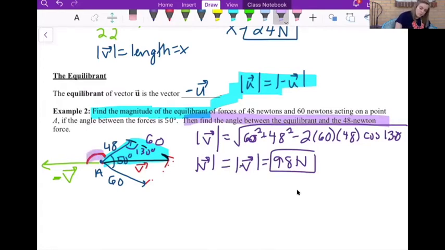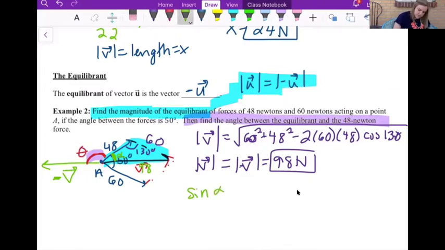And in order to find that angle, we are going to find this angle because we have this triangle. Because I now know that this is 98 newtons, I can take sine of, and I'm going to call this alpha and this theta.